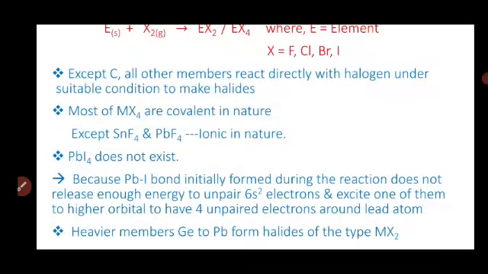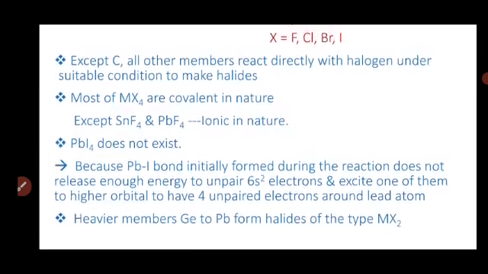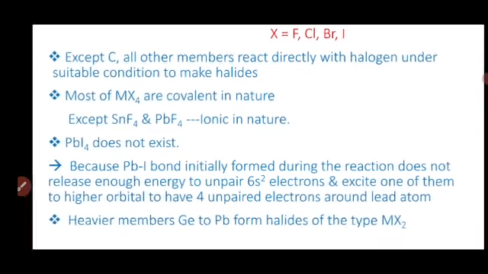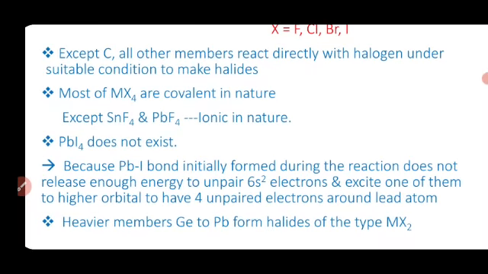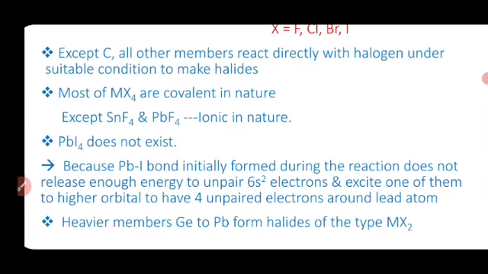Now why does it not react with iodine? Because the Pb-I bond initially formed during the reaction does not release enough energy to unpair the 6s2 electrons. That is, the inert pair effect takes place, and one of them would have to be excited to a higher orbital to have 4 unpaired electrons. Means the 6s2 electrons do not get unpaired to form further bonds.